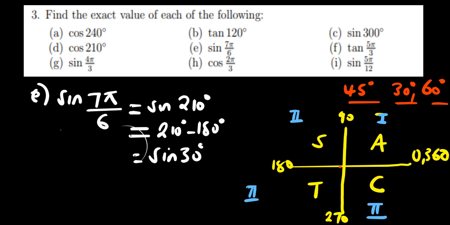So we're finding sine 30 degrees. Sine 30 degrees is the same as a half, or 1 over 2. Now, in which quadrant is 210? It is in the third quadrant. In the third quadrant, only tan is positive. Therefore, our answer in this regard is negative. So that's how you solve this type of question.